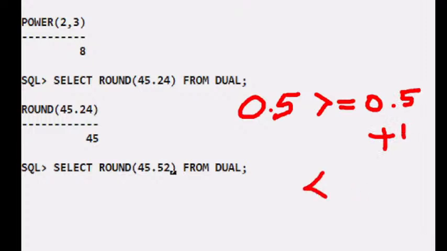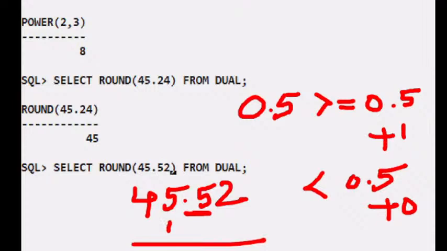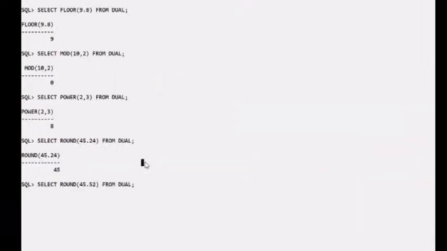If it is less than 0.5, I want to add 0. Here 45.52. That means after the decimal point, how much? 5. So 0.5 is greater than or equal to 0.5. Then how much do I want to add? 1. Then what is the nearest value? 46. Okay, now you can check that 46 is my nearest value or not.